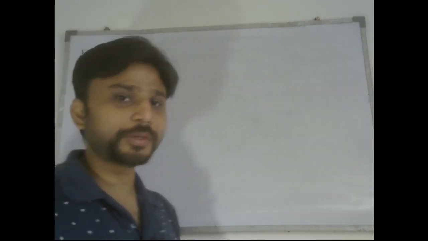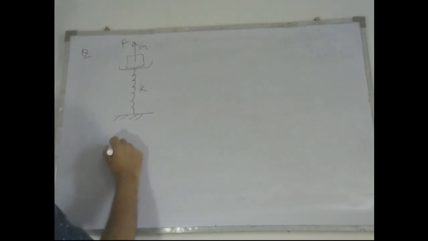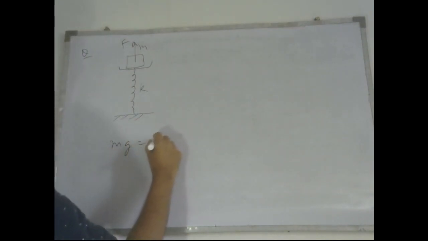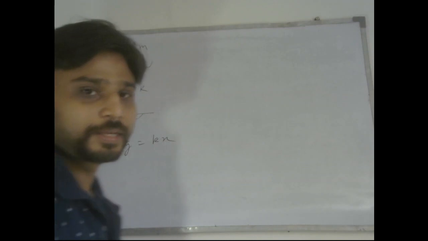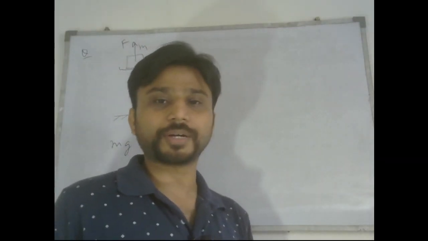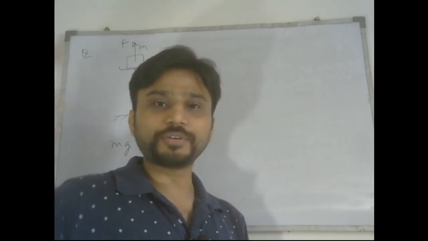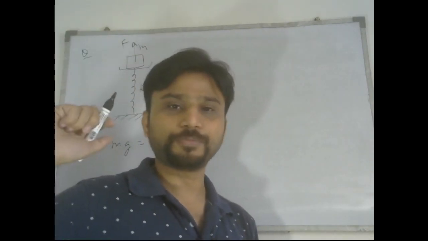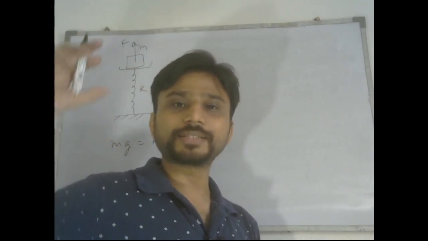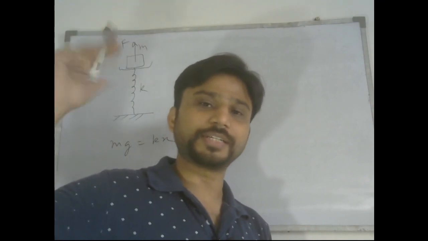So what would be the equilibrium point? Let us see first that equilibrium point would be when the gravitational force and spring force are balancing each other, and at that point F is not required. F is required at the point when spring force is not there. Then you have to bring the mass very slowly. So what is actually happening is, initially the mg is being balanced by a force F, which is itself mg.